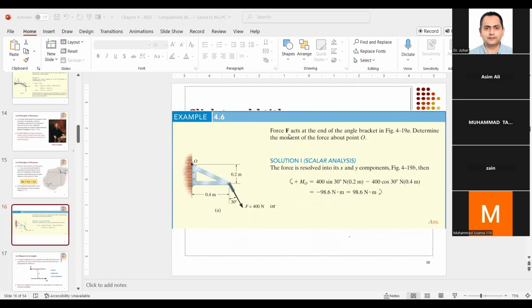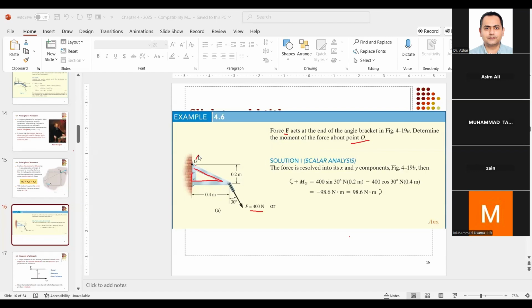It says that for the force F, which is 400 Newton, at the end of the angle bracket, just like a set square, determine the moment of the force about point O. This is the point O.